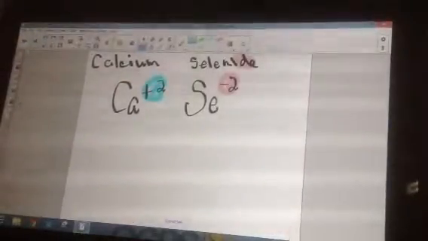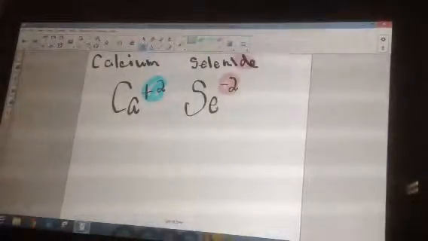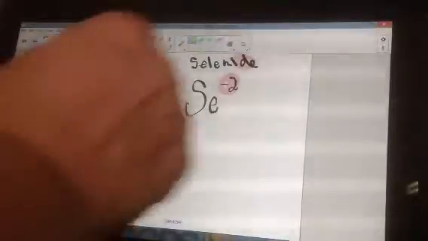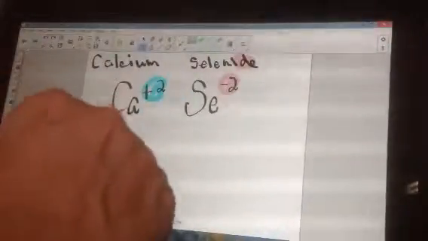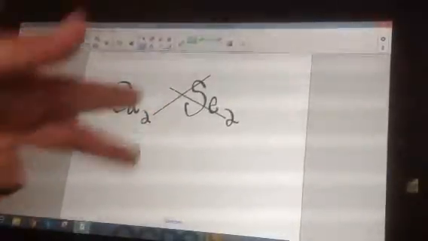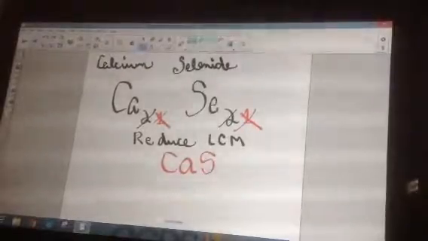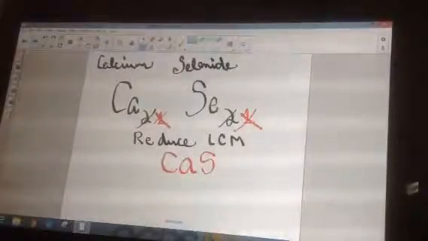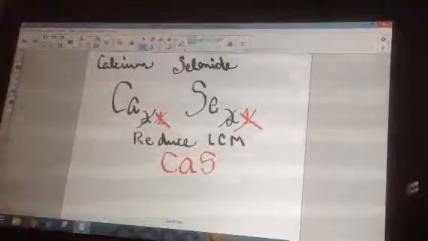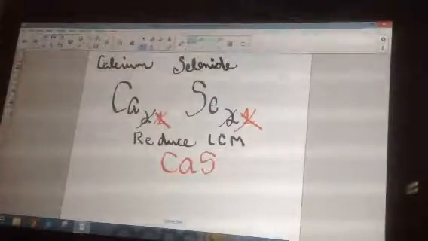So I've got calcium selenide. Calcium is from the +2 column. Selenium is from the -2 column. They both have a 2 charge. So what would happen is they crisscross, they become 2's. 2's then get reduced because they both can be divided by 2, and so they have an LCM, and it ends up being a 1-to-1 ratio.